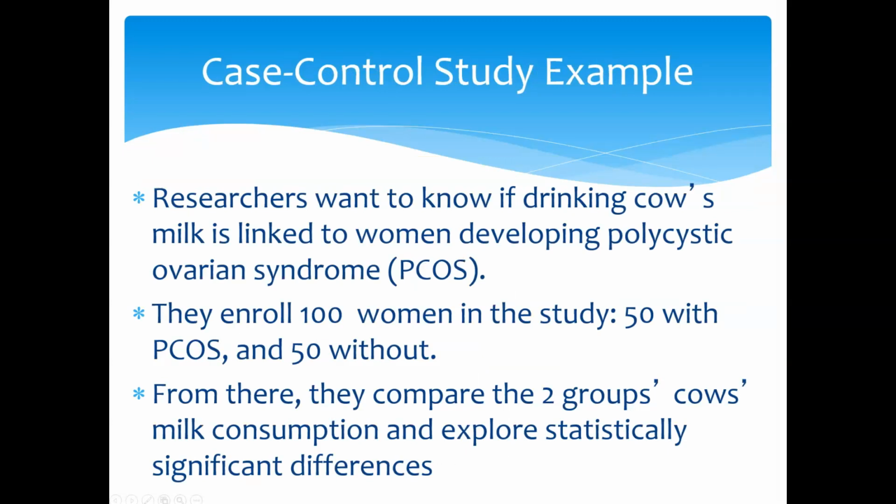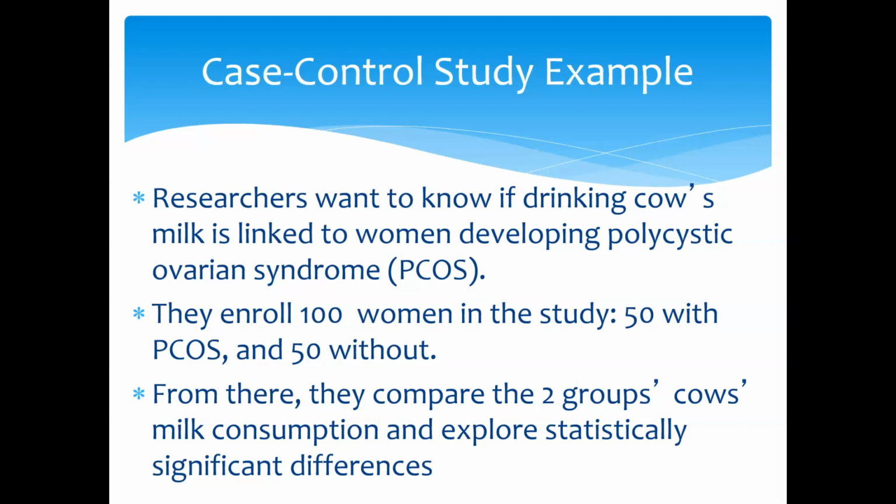Researchers want to know if drinking cow's milk is linked to women developing polycystic ovarian syndrome, or PCOS. So they enroll 100 women in the study, 50 of them who have the disease, the PCOS, and 50 of them without the disease. From there they can compare the two groups, cow's milk consumption, and explore statistically significant differences.